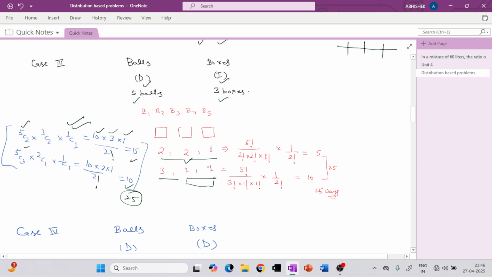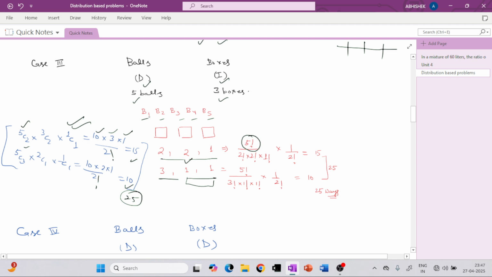But we can use one more way. This method can be reduced in one more way. As we can see here, because 5 balls are different, different things can be arranged in 5 factorial ways. Clear? But in these 5 factorial ways, remember one thing, the order inside the box is not important.